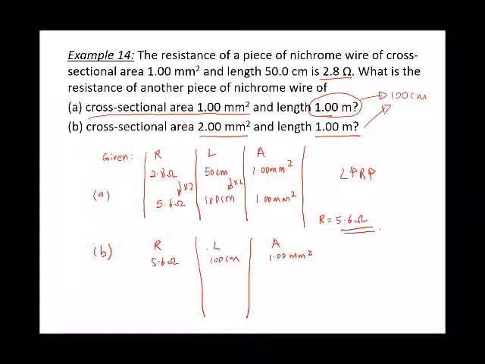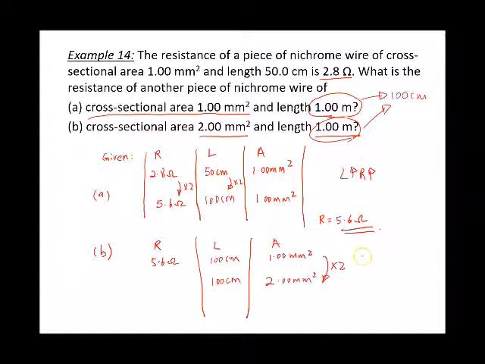For part B, let's take a look at the length first. Length is 100 cm, and for part B the length is 100 cm also. So no need to do anything to the resistance. Resistance will not change because the length doesn't change. But the area has now increased to 2 millimeter square, an increase in the area by 2 times.